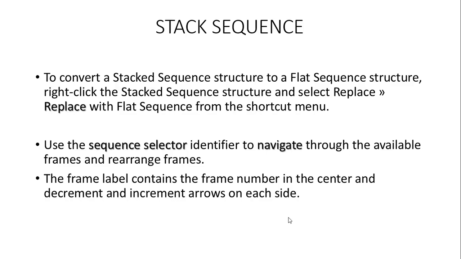Coming to the frame label, it gives the number showing which frame of the stacked sequence we are currently in. There are a left arrow and a right arrow, called the decrement and increment arrows, which help us move backward and forward from the current value.